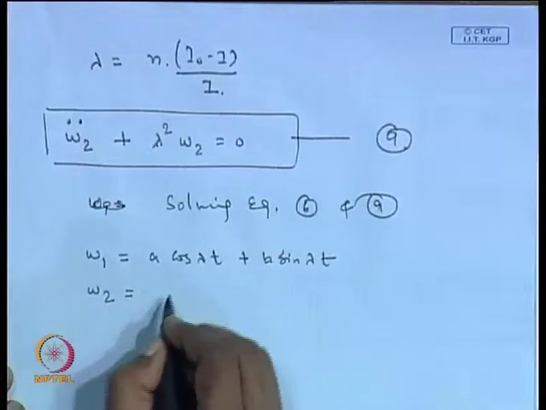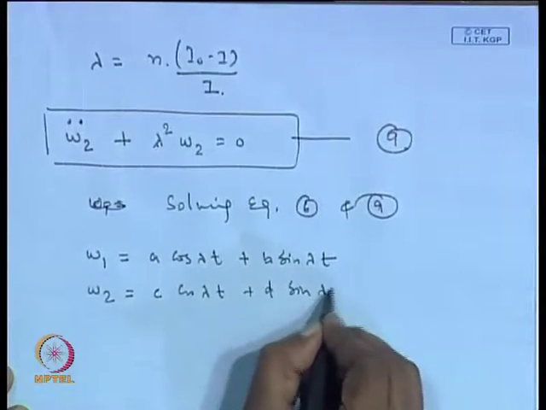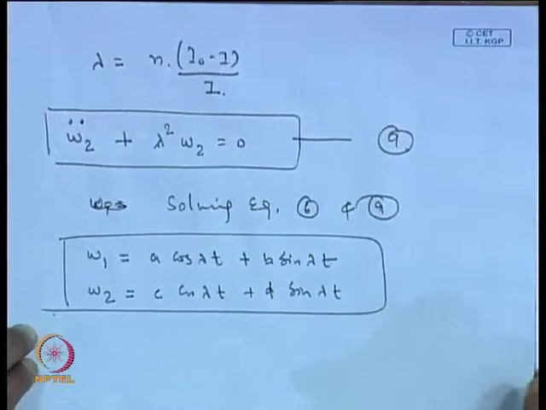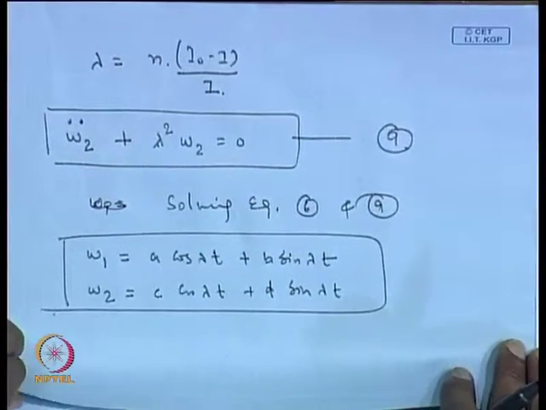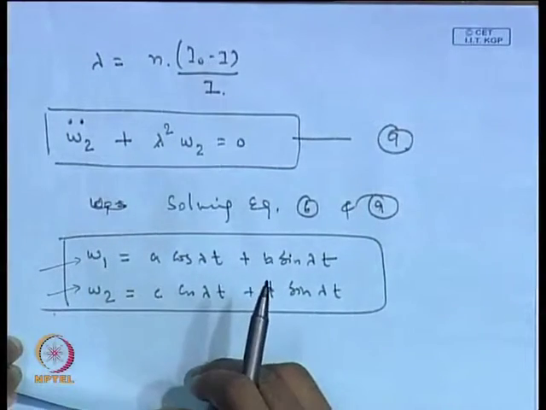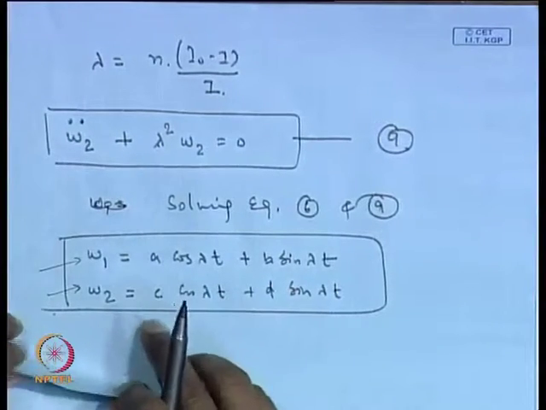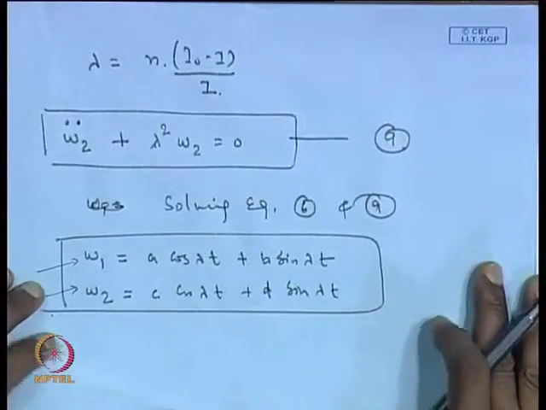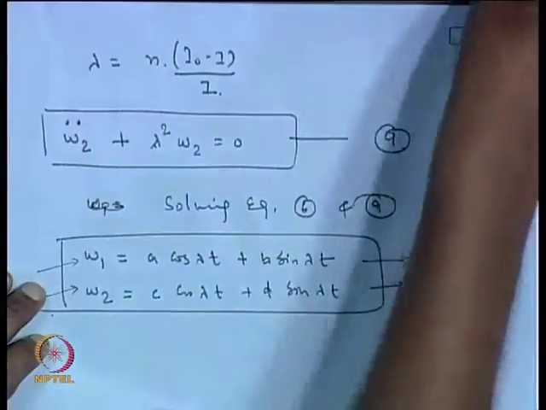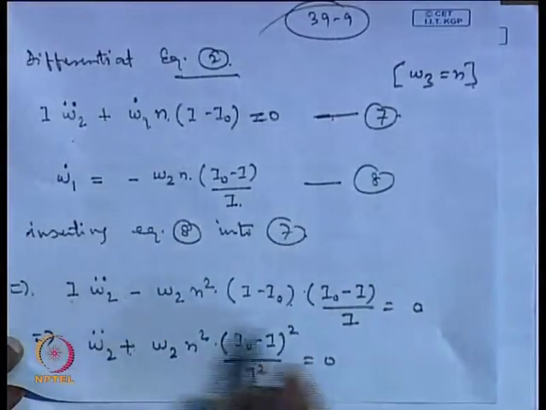Similarly, omega 2 we can write as c cos lambda t plus d sin lambda t. So, it simply indicates that the angular rates of the body components can be represented by these equations, because these rates themselves constitute the simple harmonic motion.